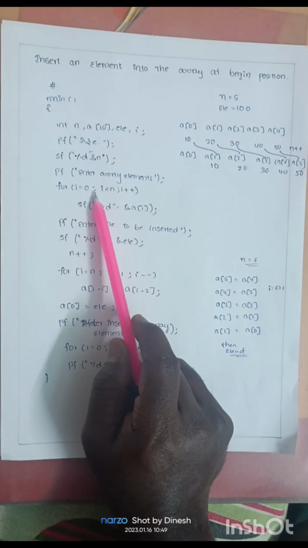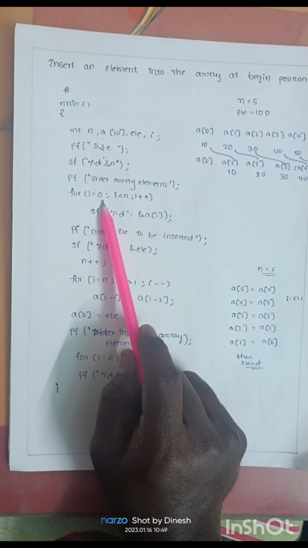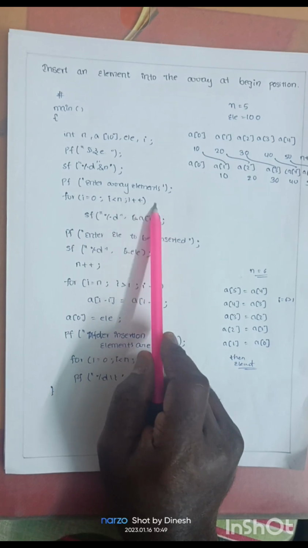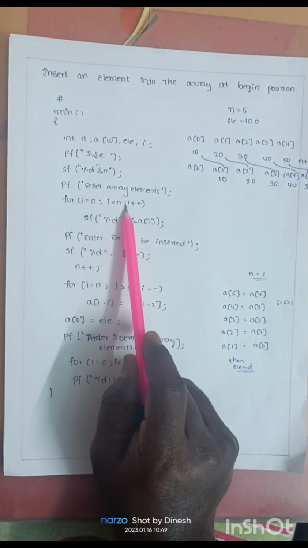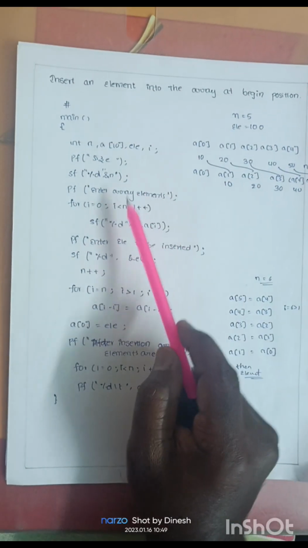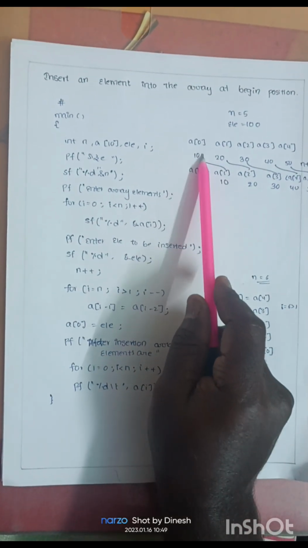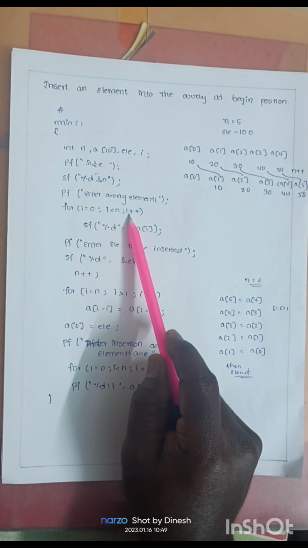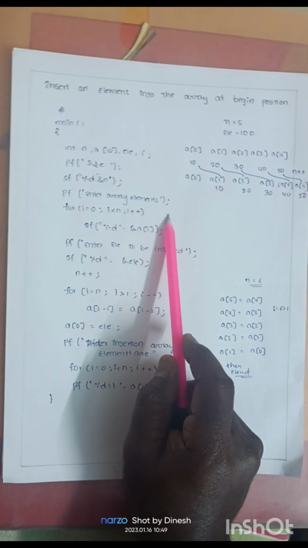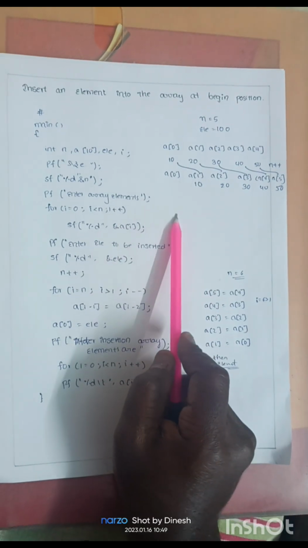For more than one element we have to use a for loop. For I equals to 0, I less than n, I plus plus. What is n? N equals to 5, 0 less than 5, scanf %d, a of I, a of 0 10, like that. I plus plus, so up to 50 the elements will be stored.